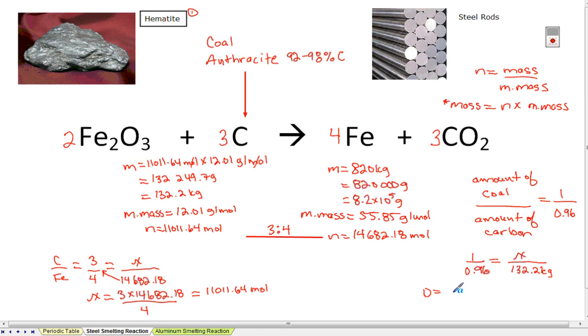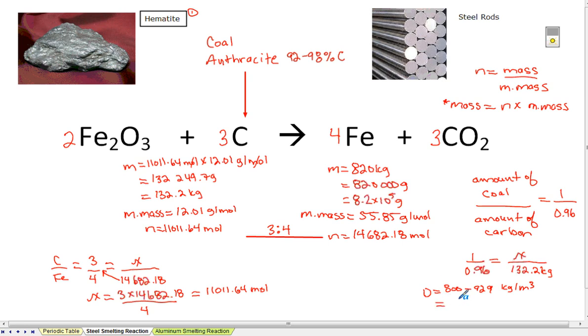Now I want you to use this information and the density values for coal in order to figure out what the actual volume of anthracite would be required to be pulled from the ground. The density of anthracite coal rests between 800 and 929 kilograms. In this case, we're going to work with kilograms per cubic meter, so we'll get a chance to do fewer conversions.